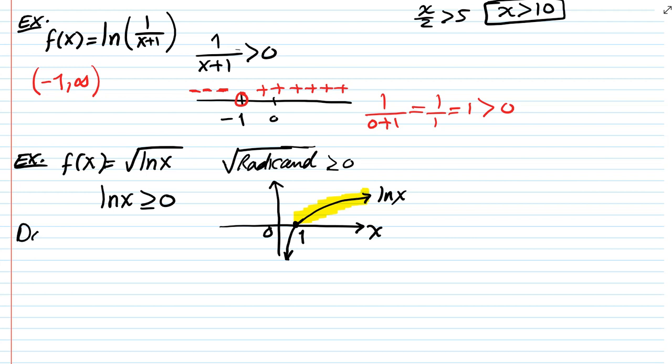Therefore, the domain of this function is going to be from 1 to infinity. And remember, for domain, we look at the x-axis, right? That's going to be the domain. For range, you look at the y-axis. So we go from 1 to infinity.